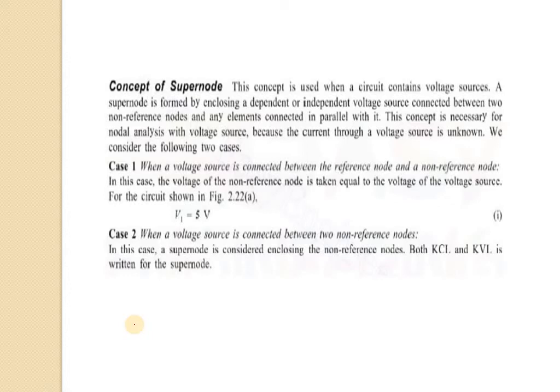This concept is necessary for nodal analysis with a voltage source, because the current through the voltage source is unknown. We have to consider mainly two cases. Case 1: when the voltage source is connected between the reference node and a non-reference node. In this case, the voltage of the non-reference node is taken equal to the voltage of the voltage source.